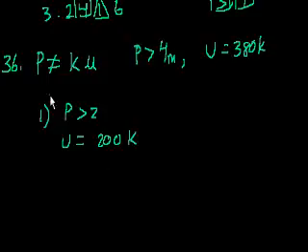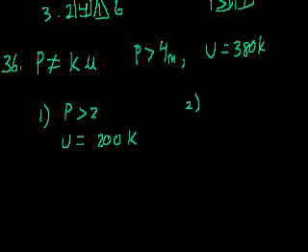Now, if they told us that the profit was proportional to units, then we could reason from 200 to 380, but it still would be ambiguous because they're not saying profit equals 2, they're saying that profit is greater than 2. So this actually still doesn't give me a lot of information.